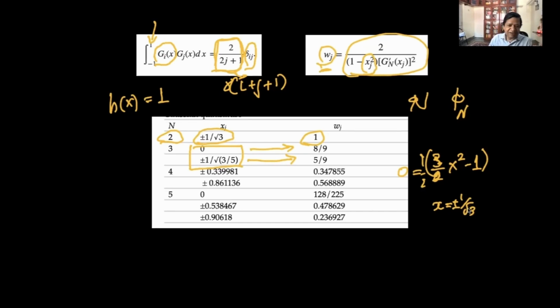Now, in the next slide I'm showing that we don't need to remember them. In fact, Python has a function in SciPy. We can just invoke that function and get the weights. But it's good to not always rely on the computer as a black box. The whole idea of computational physics is that we're trying to see the working of some algorithms, though some of it is now a black box.